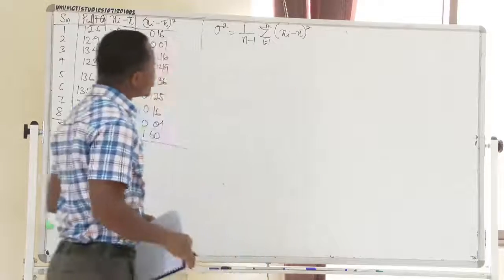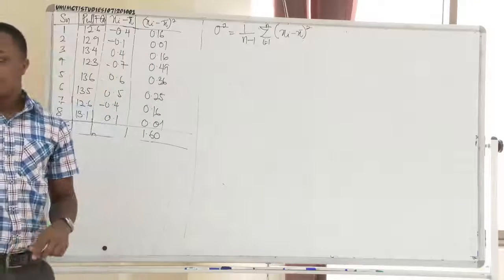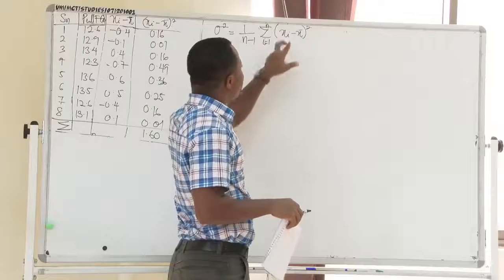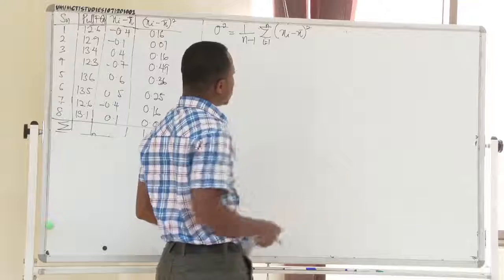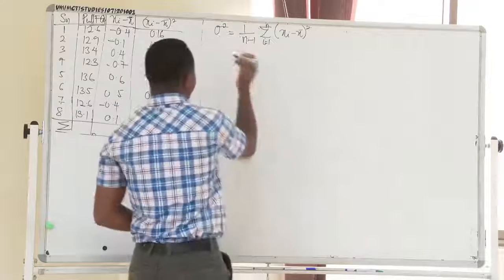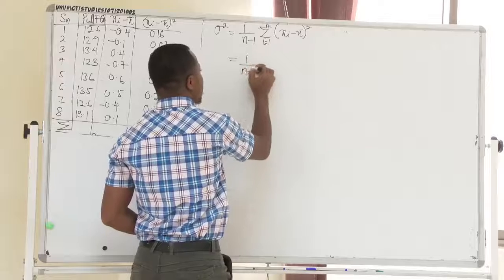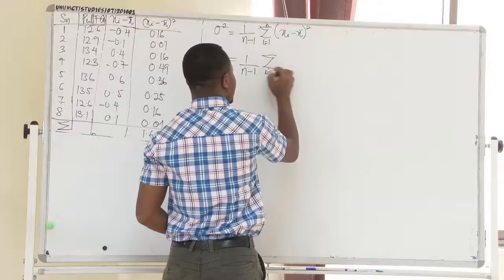Okay. Now let's do a little bit of mathematics in here. Now, if you have something like this, let's try to expand this part of our equation. So this will be equal to 1 over n minus 1, and let's try to expand what we have in here.